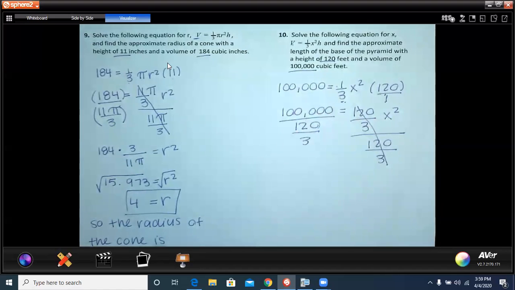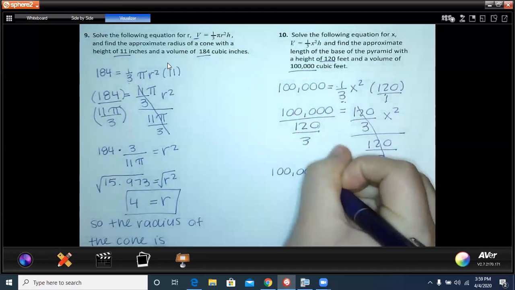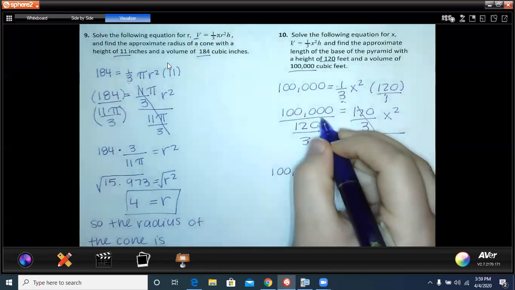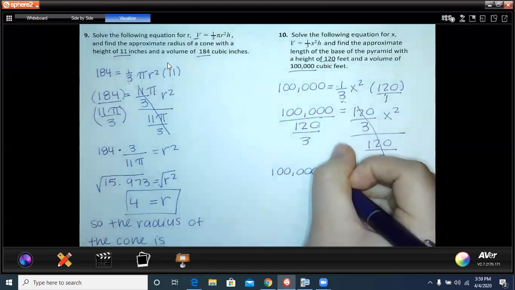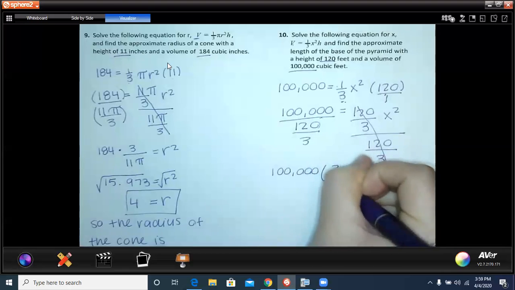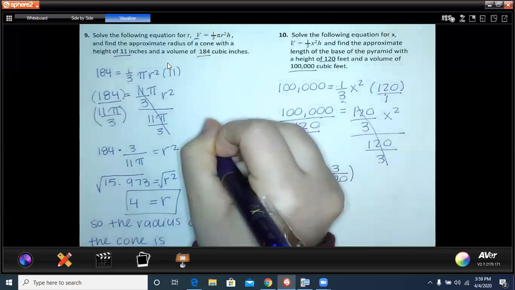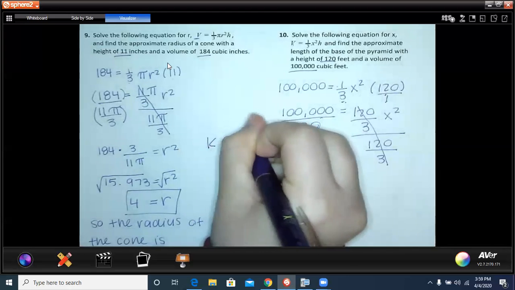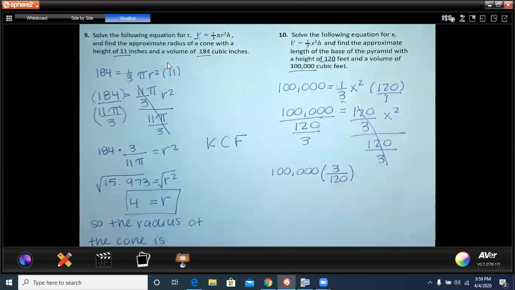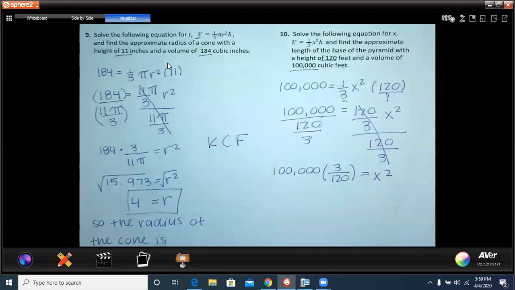Remember, when you divide by a fraction, you keep, change, flip. So you would keep 100,000, change from division to multiplication, and flip that other fraction over. So remember, on both of these, keep, change, flip equals our x squared over here.